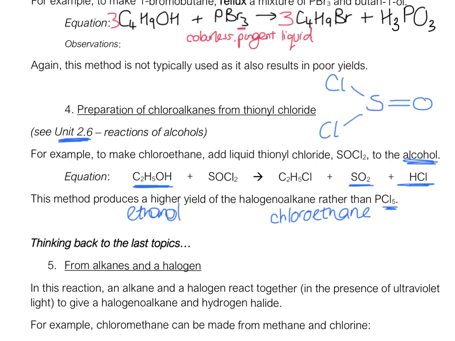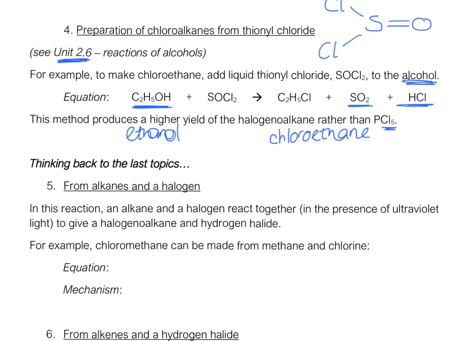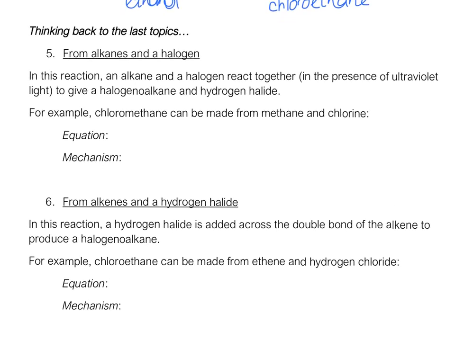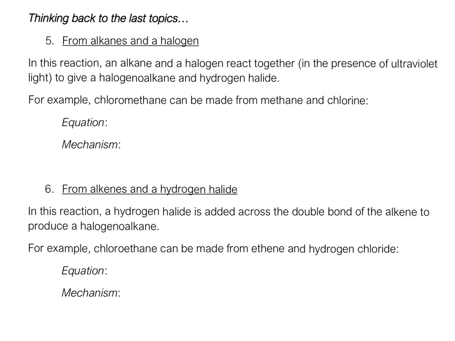Okay, and lastly, there's just two more to look at, and we have already looked at these methods from previous topics. So one from our alkanes topic and one from our alkenes. Okay, so if you think about our reaction of chloromethane, producing chloromethane from methane and chlorine, and this is the one that we have to do in the presence of UV light.